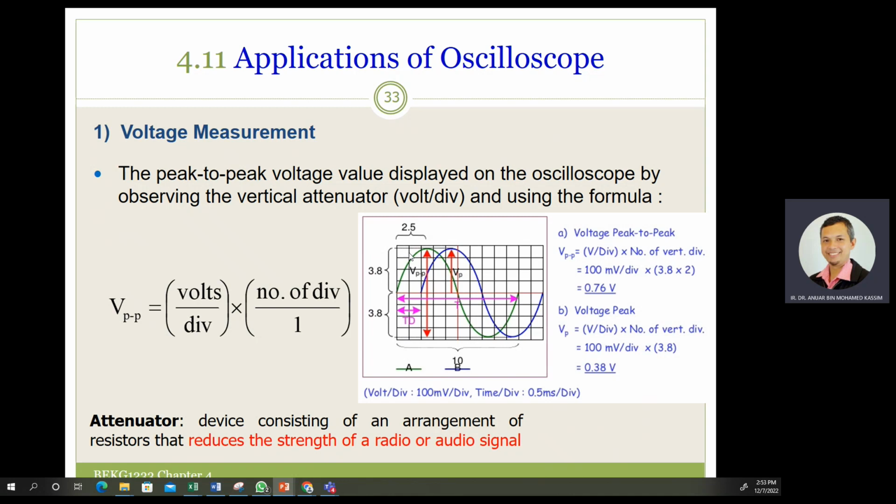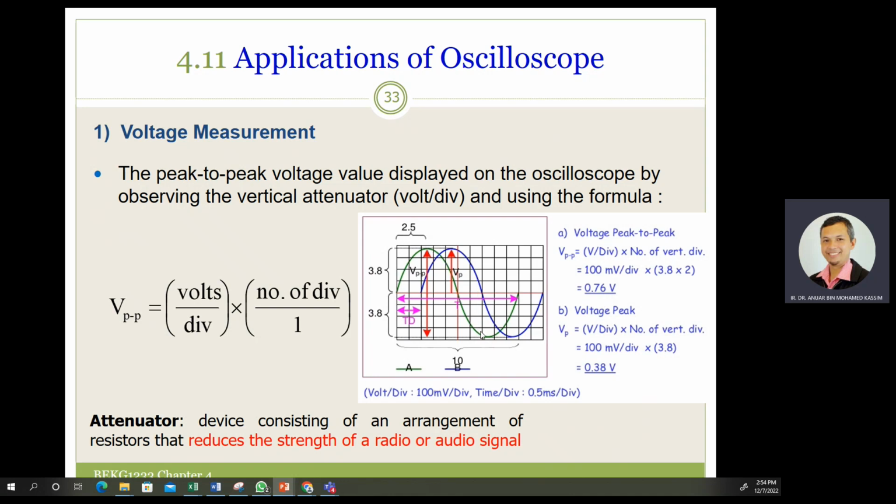We can see 1, 2, 3, but it doesn't reach 4, it goes around 3.8. So we use 100 millivolts per division times 3.8 times 2. Why 2? Because it also has the minus part. Then we get the peak to peak.